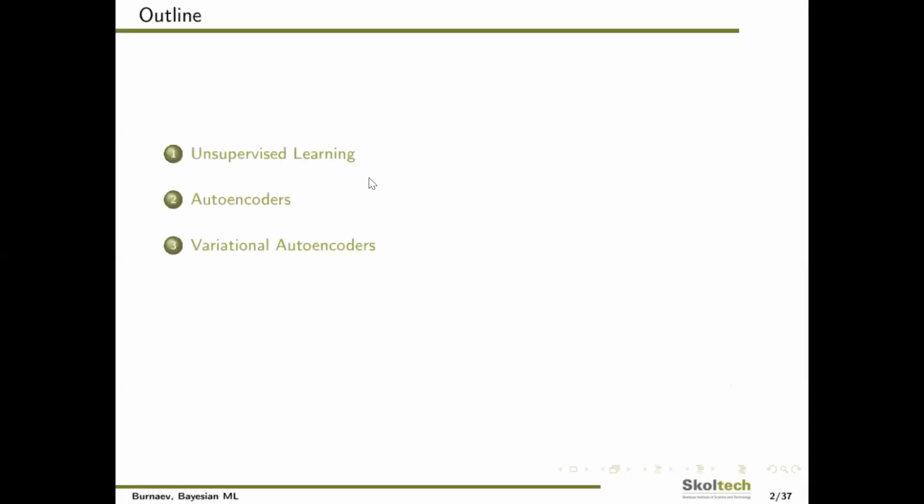We start very far away from autoencoders and variational autoencoders. We'll start with some kind of introduction into unsupervised learning. Then we go to autoencoders and then to variational autoencoders, so we will get there by the end of the lecture.